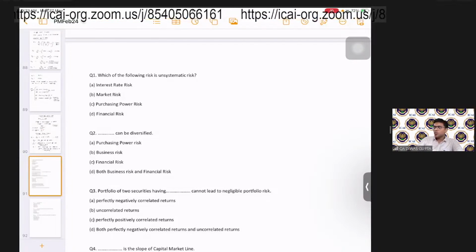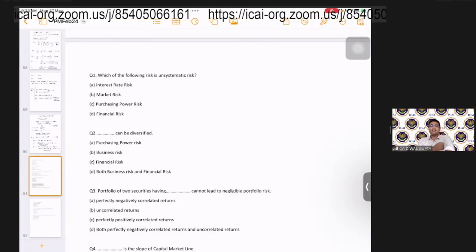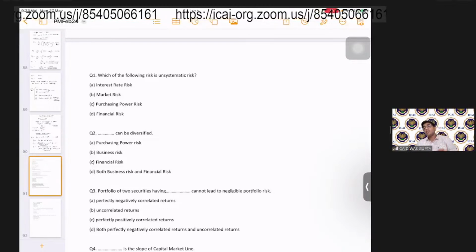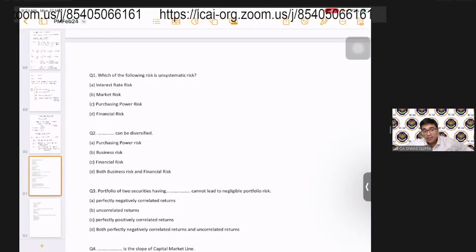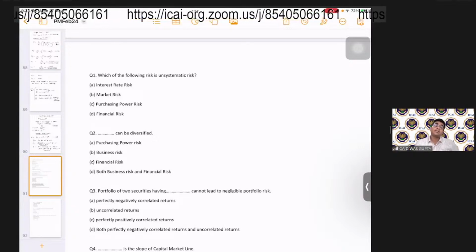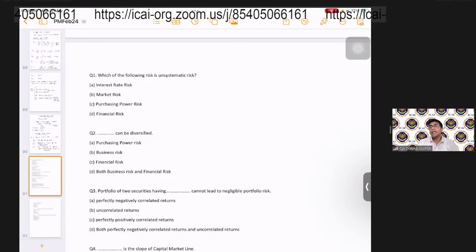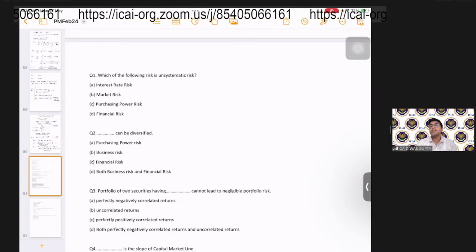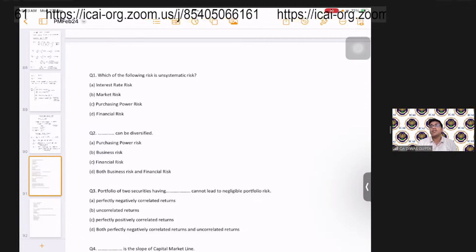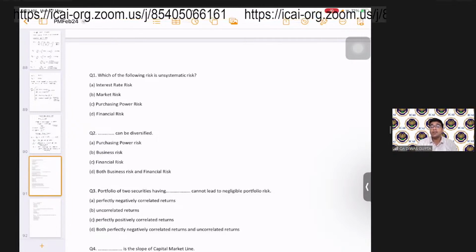So we are on the first question, students, as of now. Which of the following risks is an unsystematic risk? And with this, we should actually understand what unsystematic risk is. Unsystematic risk is a specific risk for a specific company. It's not a general risk. It's not a risk for the entire economy, right?